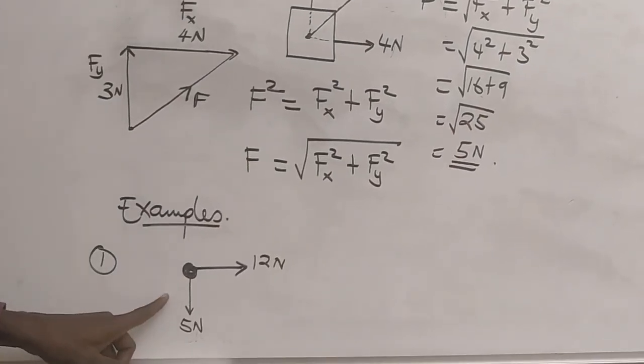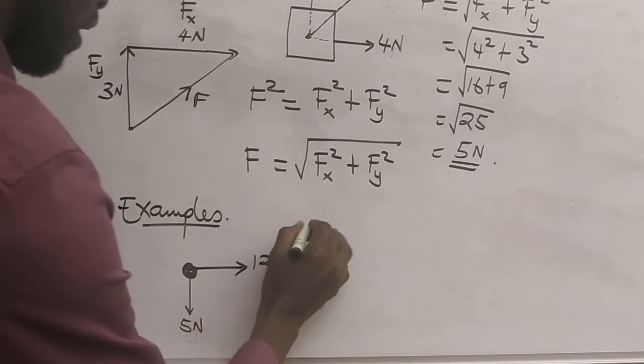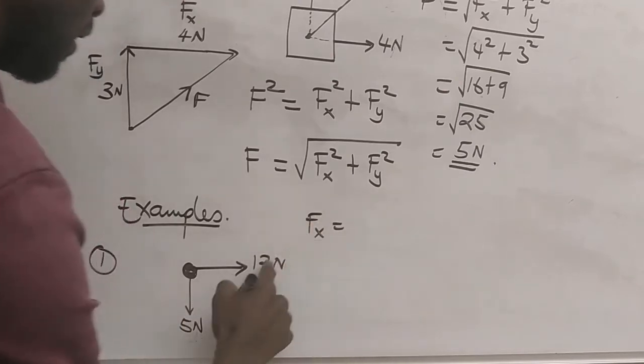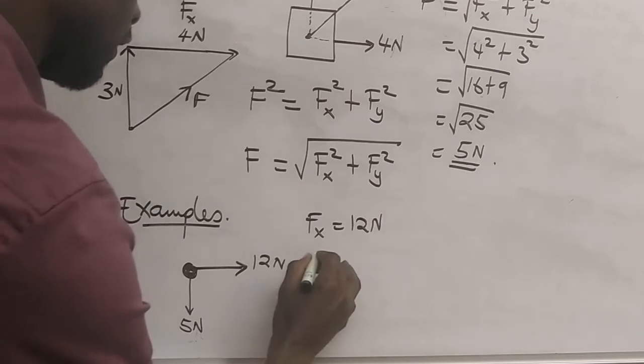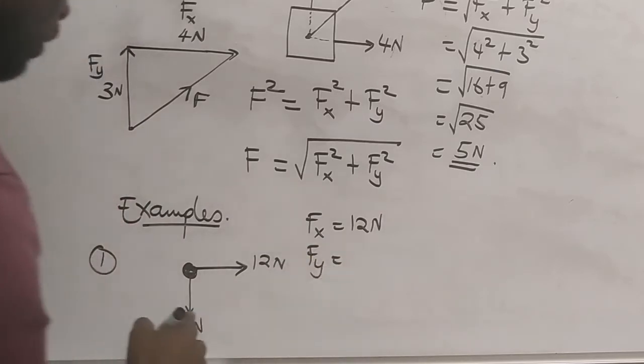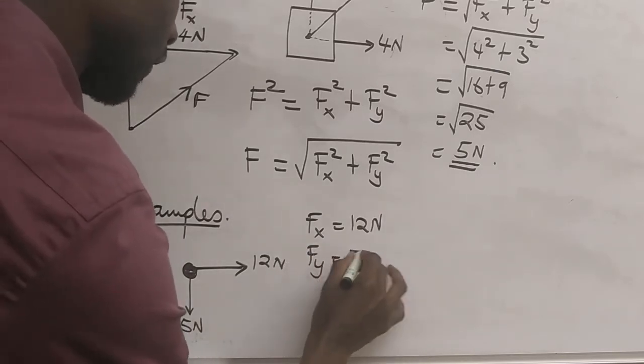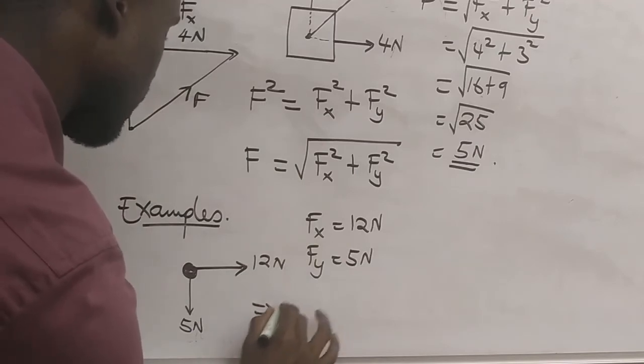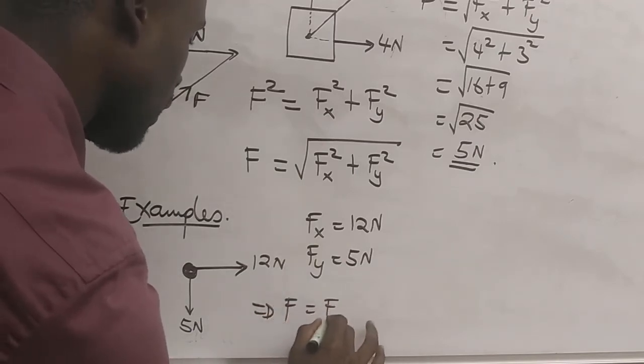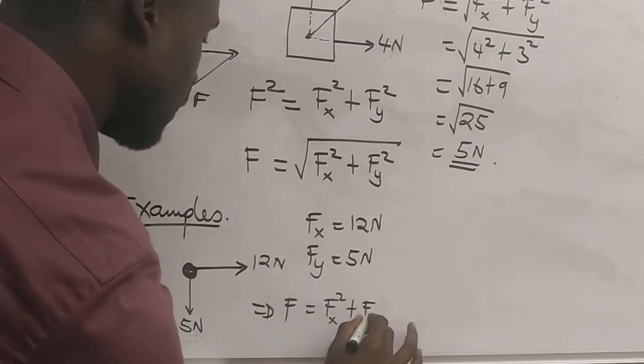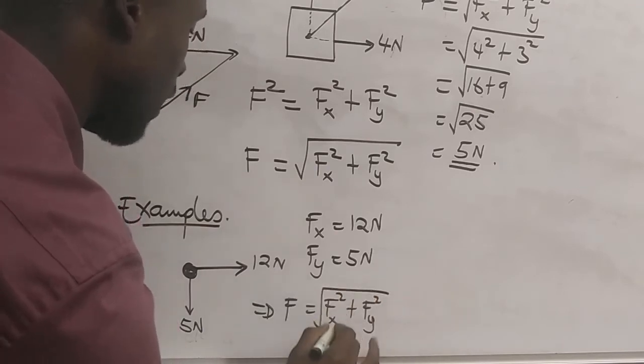For this case here, we do the same thing. The horizontal force, you can see clearly, is 12. The vertical force, Fy, is 5 newtons. So the resultant force is going to be Fx squared plus Fy squared, the whole thing under root.